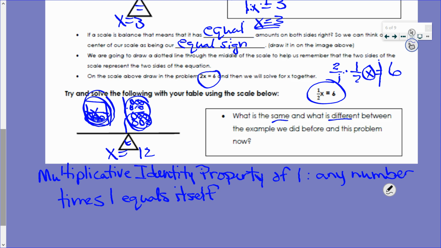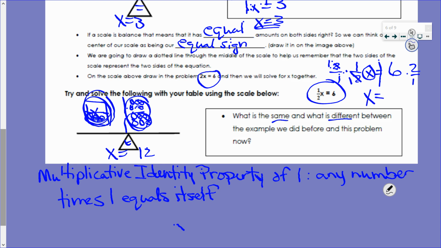2/1. Anything I do to one side of my equation, I must do to the other side. Correct? Multiplicative property of equality. So what's happened now? I have 2 on top and bottom. That's just 1. So now I have 1 times x. Multiplicative identity property of 1. I know 1 times x is x, because any number times 1 is that number.